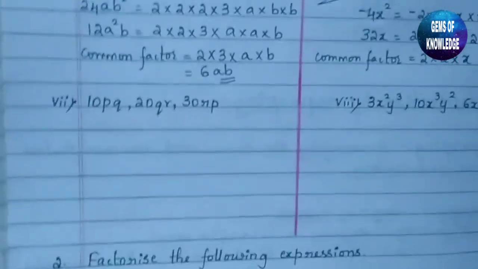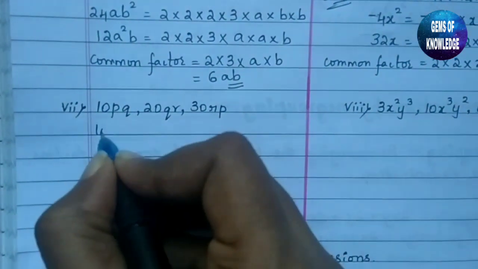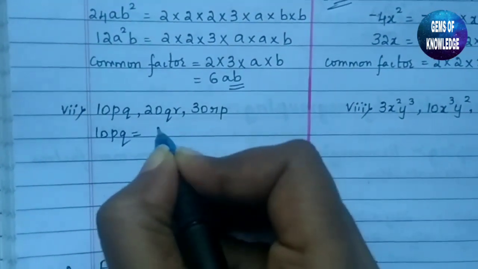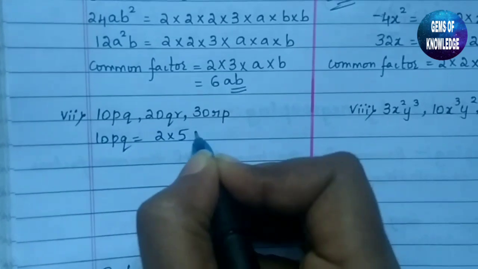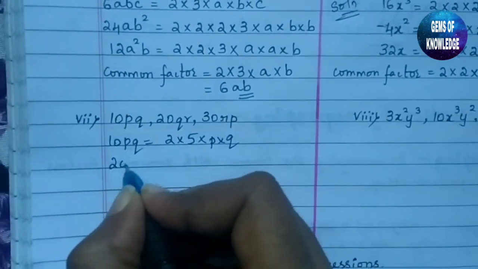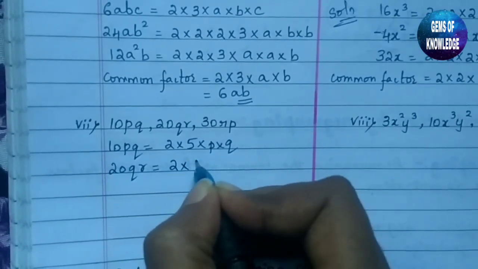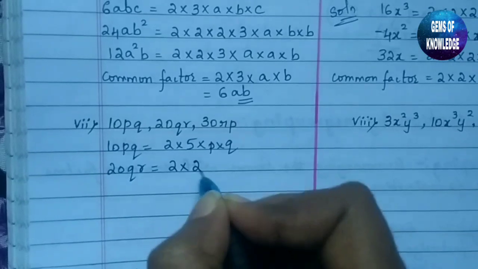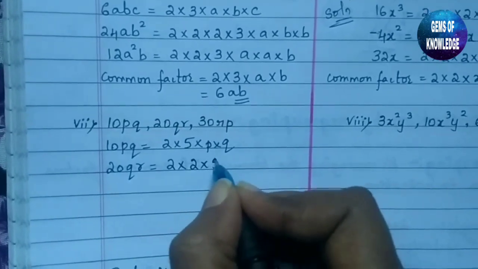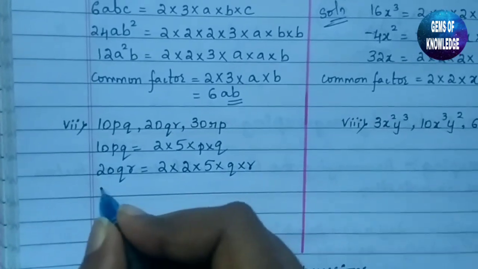Similarly, the seventh one is given, 10pq. 10pq can be written as 2 5s are 10, into p into q. Similarly, 20qr can be written as 2 into 2, that is 2 2s are 4, 4 5s are 20, into q into r.